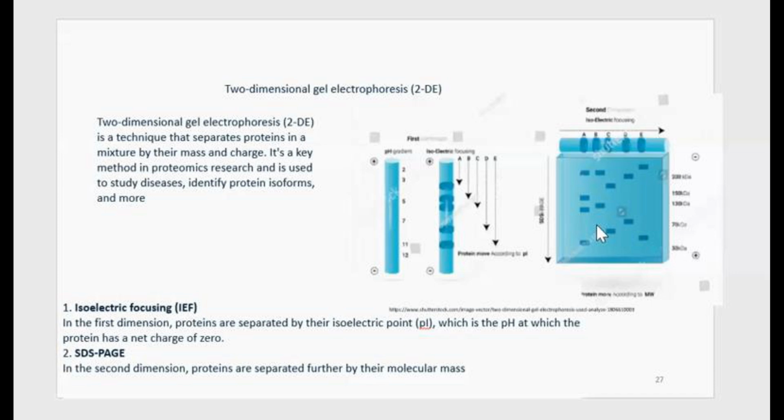and the glass plates are generally 25 centimeter by 10 centimeter when we talk about common laboratory research instruments. So 25 centimeters by 10 centimeters, and of course spacers are there. The second glass plate is then placed on top of the first to form the gel cassette.